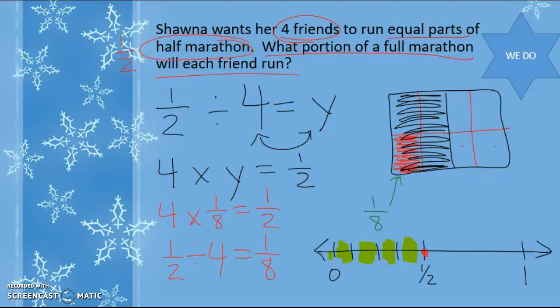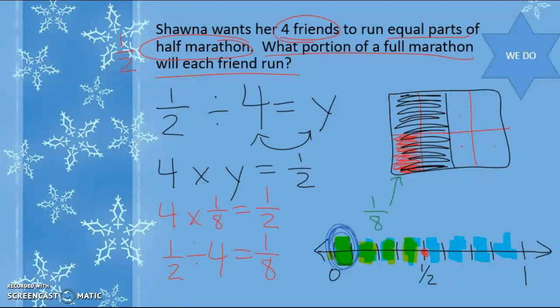But the question is, how much of the whole marathon is 1 part? It's 1/8. Why? Because we have 1, 2, 3, 4, 5, 6, 7, 8 equal parts. So each friend will be running 1/8 of an entire or full marathon.